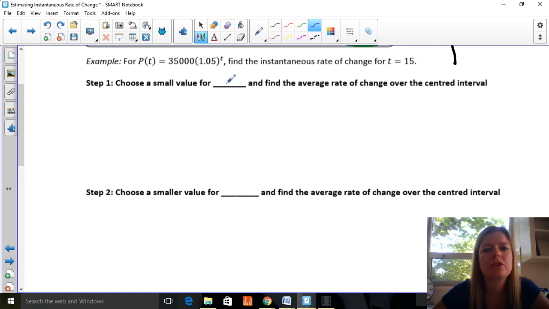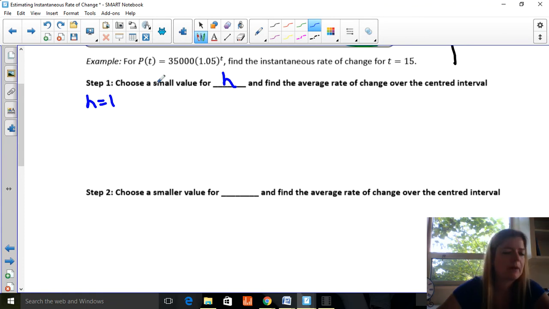So what we have to do is choose a very small value for h and find the rate of change over that centered interval. I'm going to start with just letting h equal 1. I chose 1. It's a small number. We're going to get smaller and smaller, but I wanted to show you this.